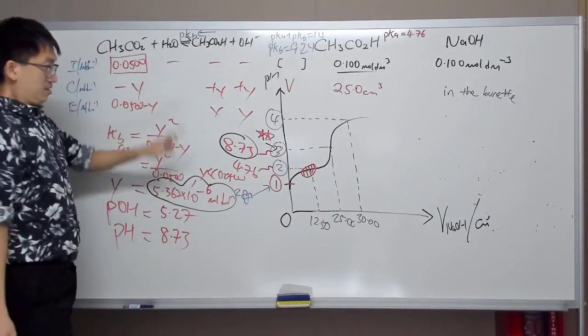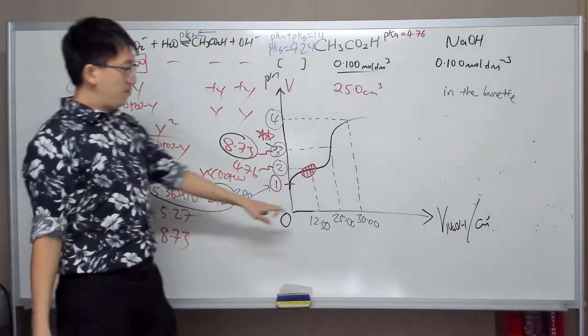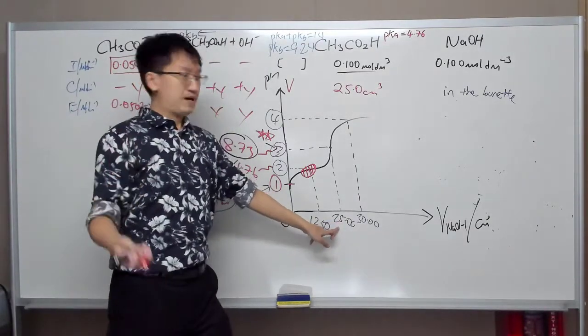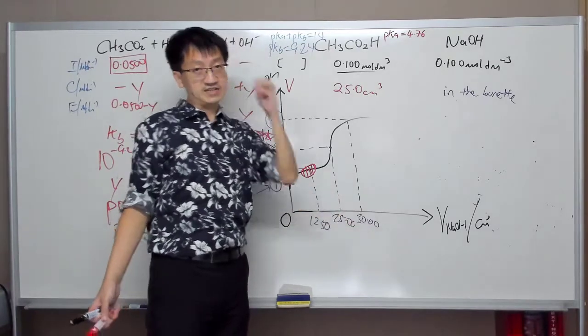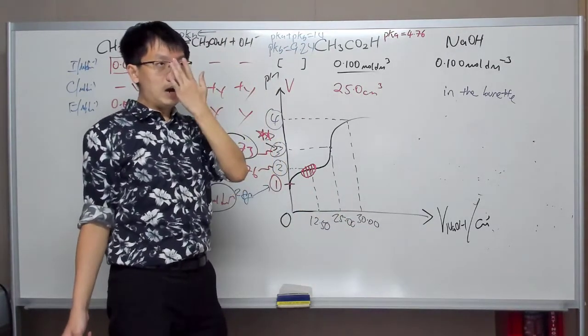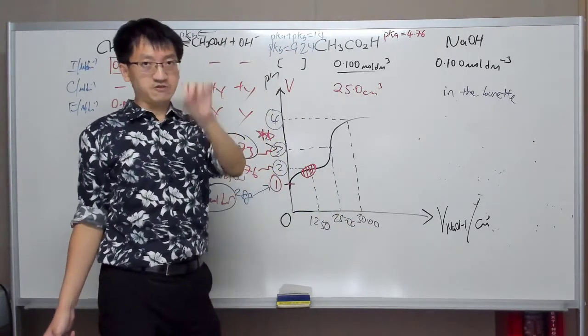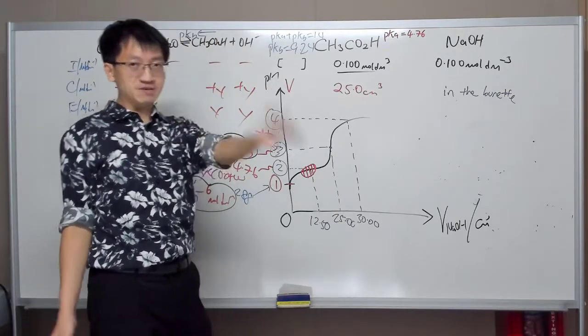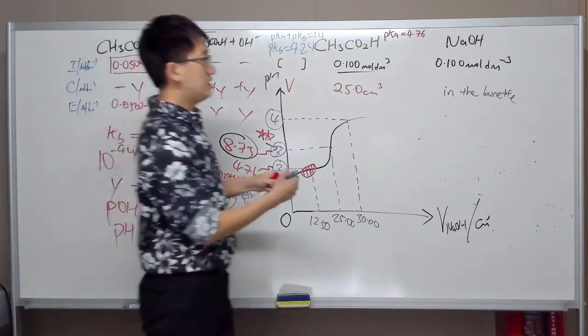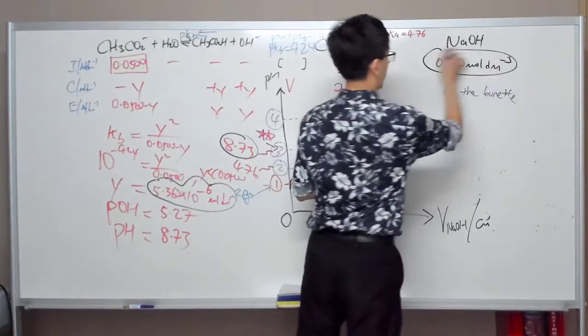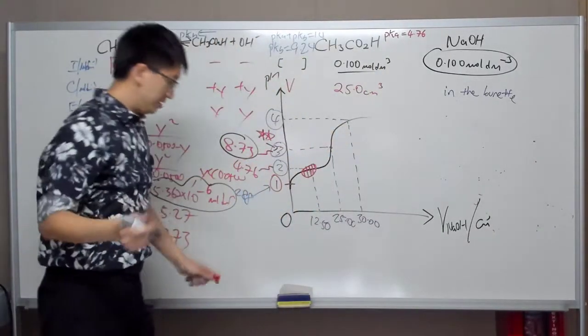In that case, when I add OH minus between 25 to 30, so there's an excess of 5 cubic centimeters. What do you think is the amount of OH minus added? I mean the absolute amount. We can try to calculate that because we know the concentration of sodium hydroxide.